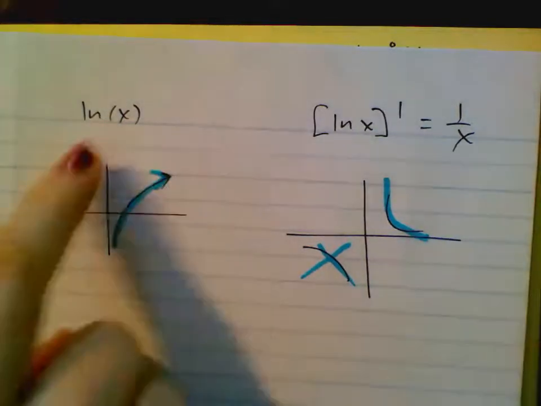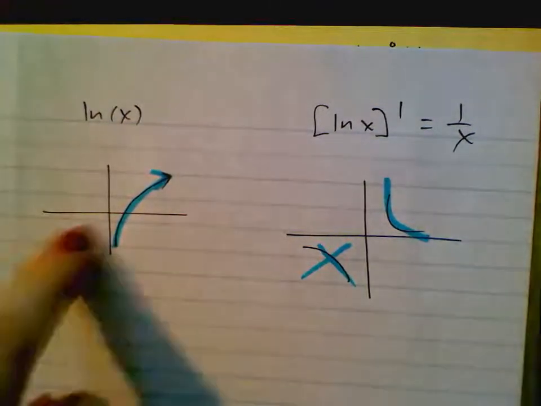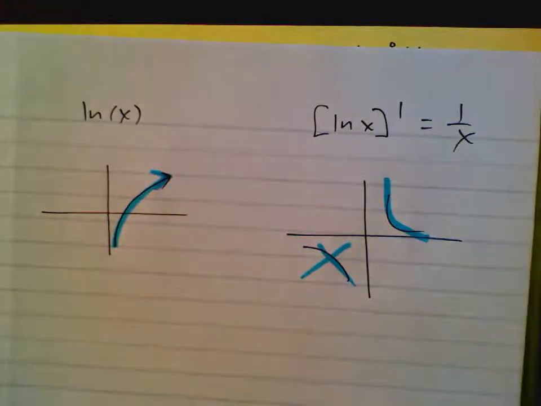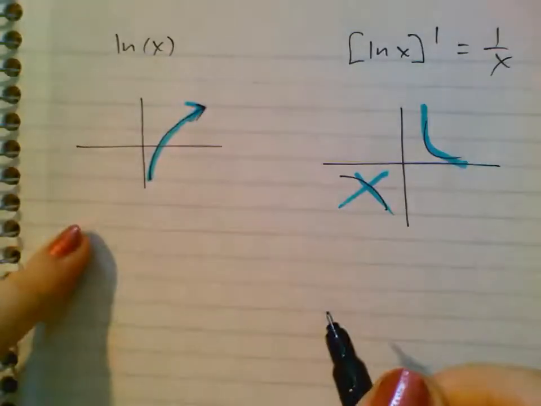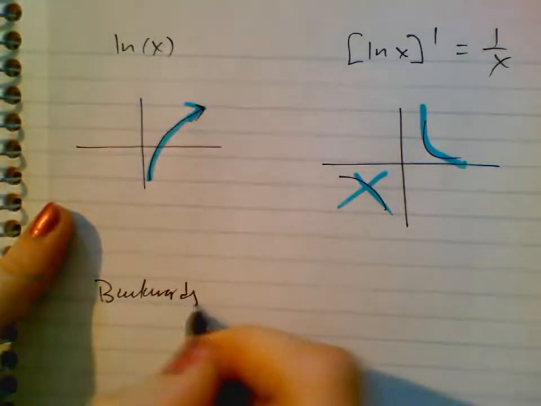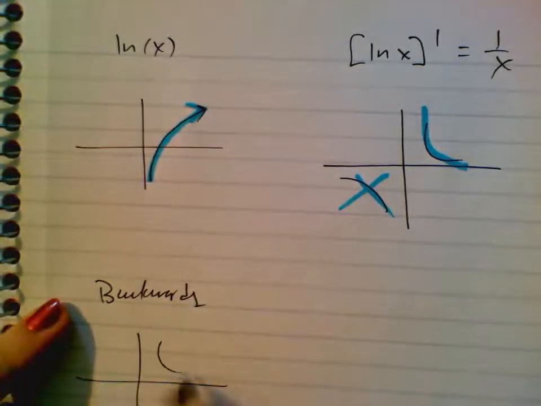Because this original function, if we don't even have a domain over here, then we can't have a derivative over there.